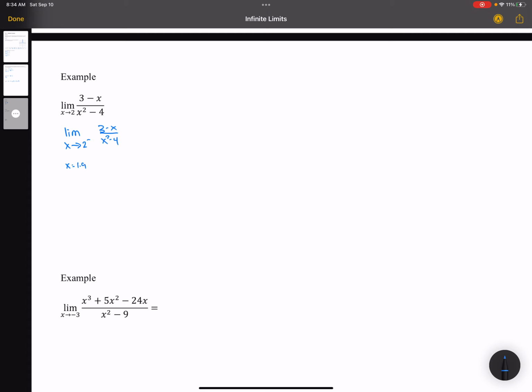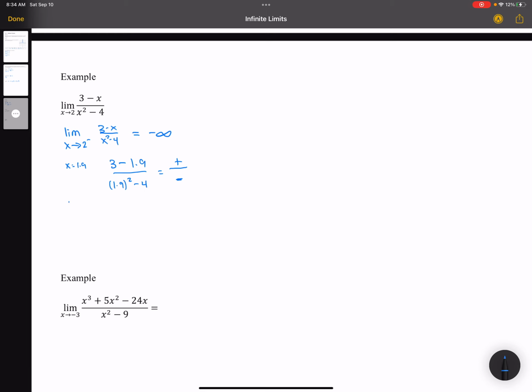So we would get 3 minus 1.9 divided by 1.9 squared minus 4. So that's going to equal a positive value. And whatever 1.9 squared is, 3.61, by the way, 3.61 minus 4, that's going to be a negative. So this is going to indicate this limit is negative infinity.